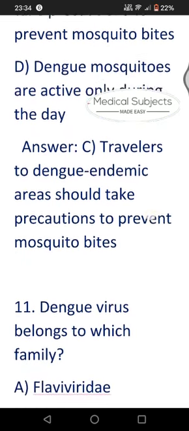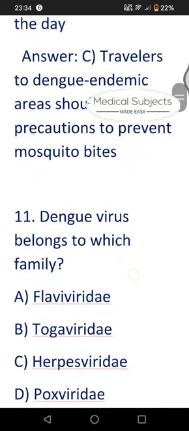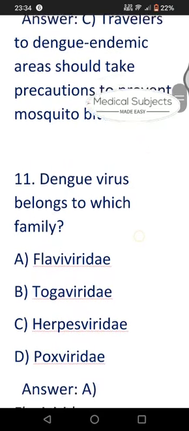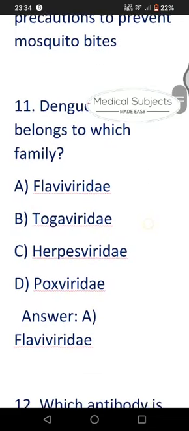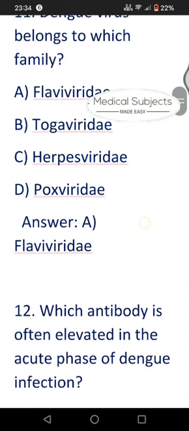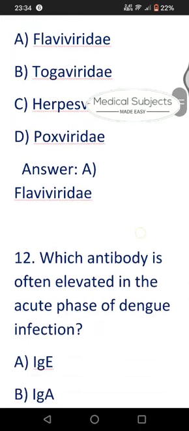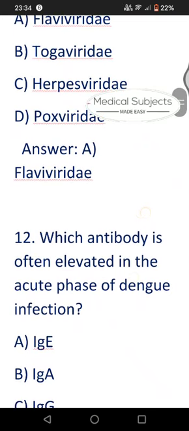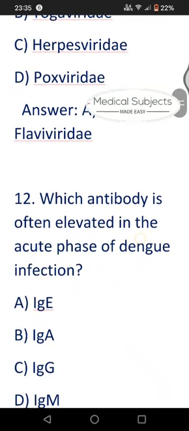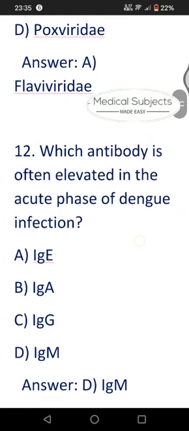Dengue virus belongs to which family? Flaviviridae, Togaviridae, Herpesviridae, Poxviridae. It is A, Flaviviridae. Then which antibody is often elevated in the acute phase of dengue infection? IgE, IgA, IgG, IgM. So the answer is IgM.